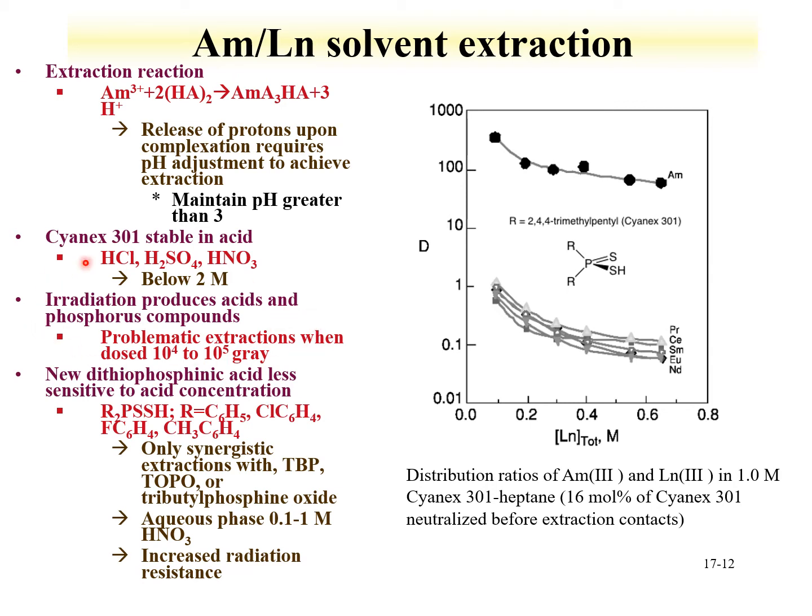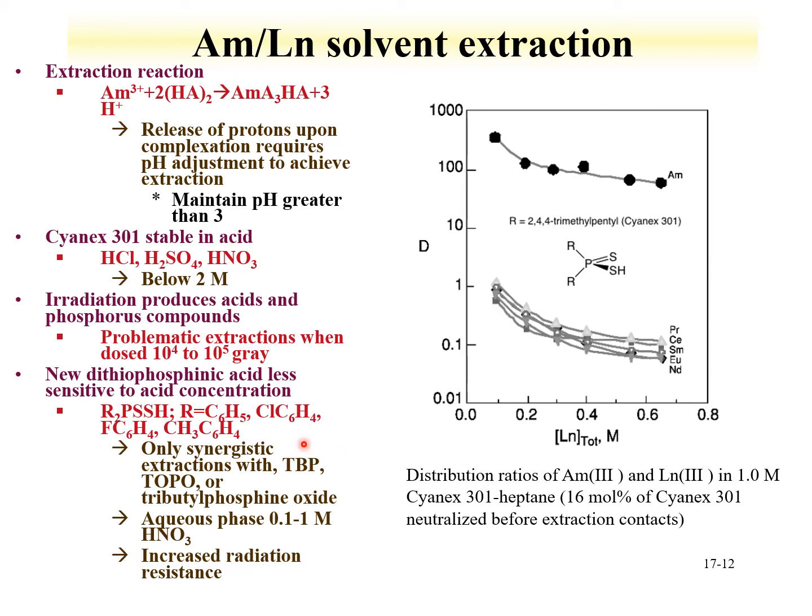Irradiation studies have also been performed with phosphorus compounds, and extractions start to become problematic at relatively high doses. And this has led to the synthesis and characterization study of other phosphonic acids that tend to be less sensitive to acid concentration, less sensitive to radiation and hydrolysis effects.